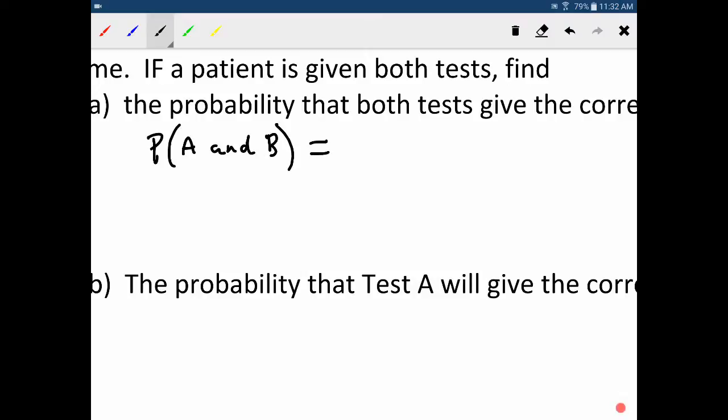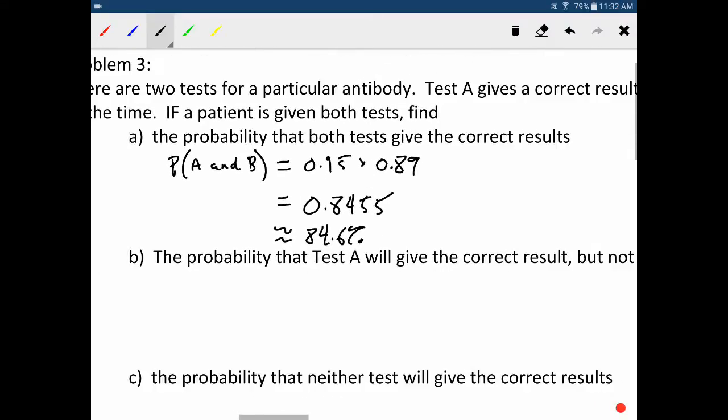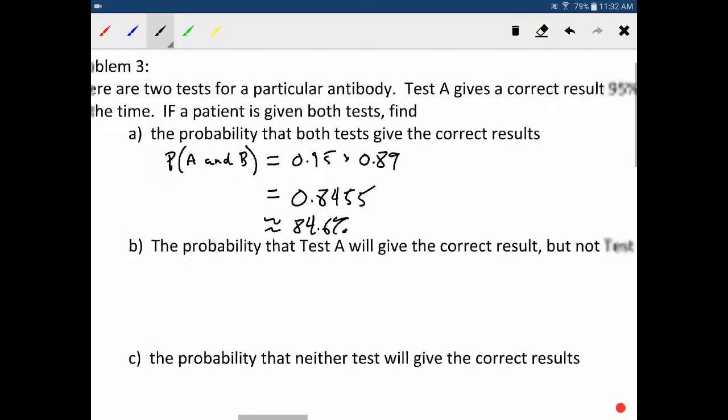We just take those two probabilities, write them as decimals, and multiply them. That gives us 0.8455. In other words, it is 84.6% likely. So there's an 84.6% chance that both tests will be correct.